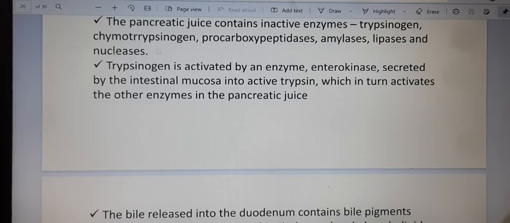When they come into the intestine, enterokinase is secreted from the intestinal mucous lining. When this enterokinase is secreted, trypsinogen gets converted into trypsin, and then this trypsin activates chymotrypsinogen and procarboxypeptidases.